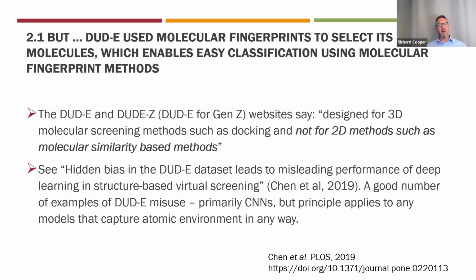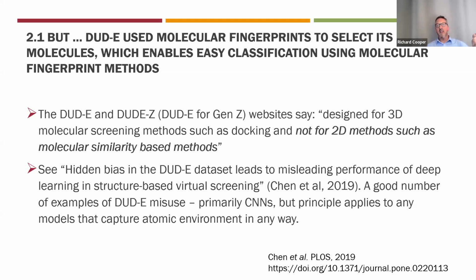And so that's going to probably include any AI method or machine learning method that you can think up, apart from docking. Not only this, the DUD website says it's designed for 3D molecular screening methods, not for 2D methods such as molecular similarity. So they say it straight on their webpage. And there's a paper here that I'll refer you to that I found some of those examples and quotes from: Hidden bias in the DUD-E dataset leads to misleading performance of deep learning in structure-based virtual screening.